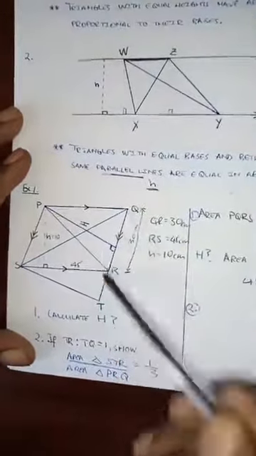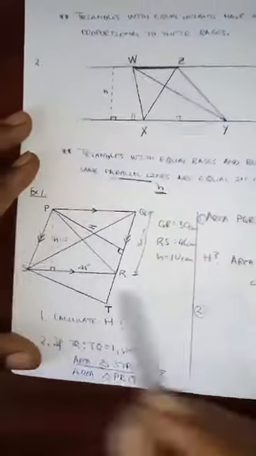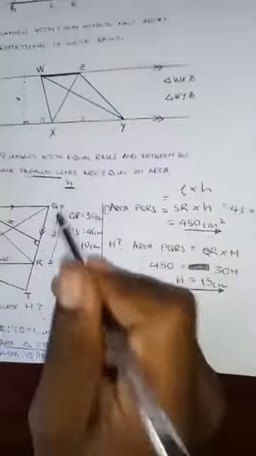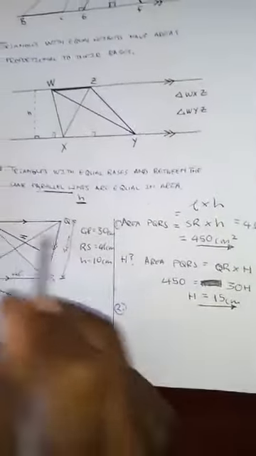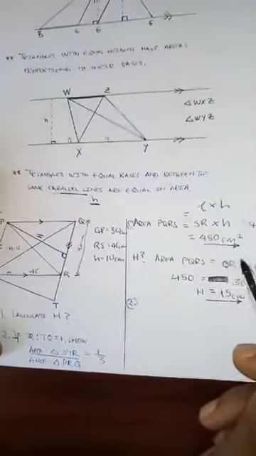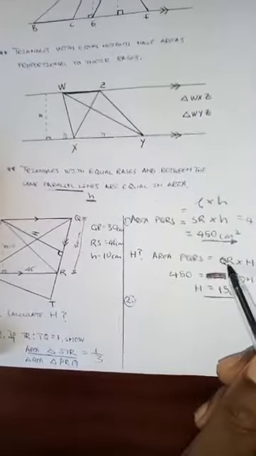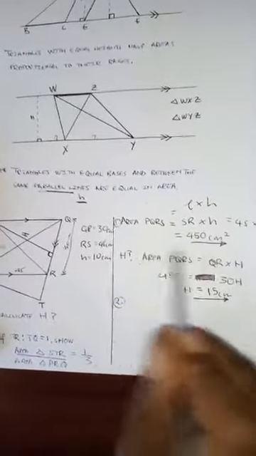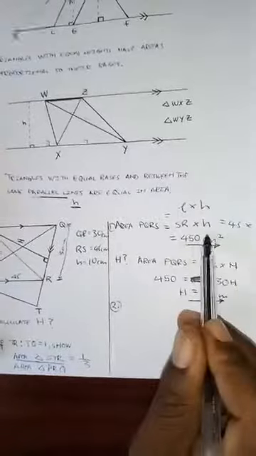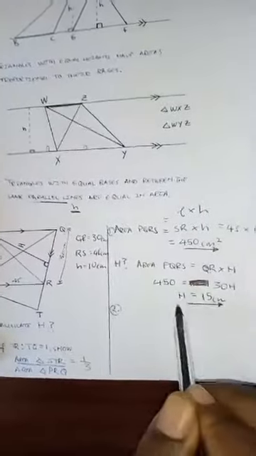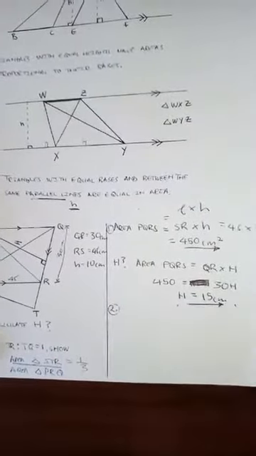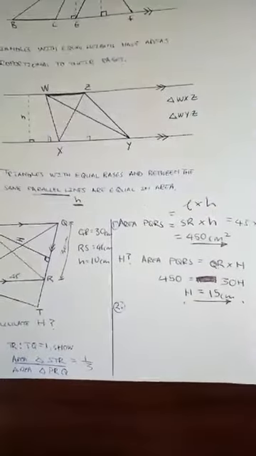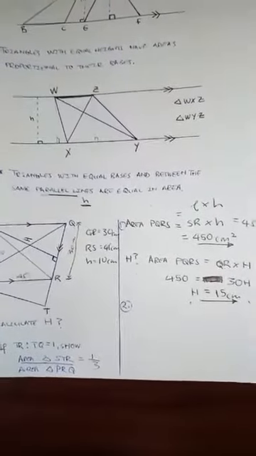If we use this length, we use that height. And if we use that length, we must use that height. So now we can say area of PQRS should be QR multiplied by that height H. We know QR is 30 centimeters, and we know the area of PQRS from up there, 450. So you solve for H here, and H is 15 centimeters. Simple. Okay.